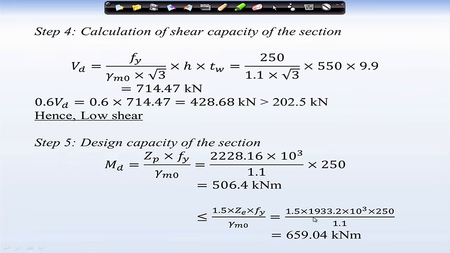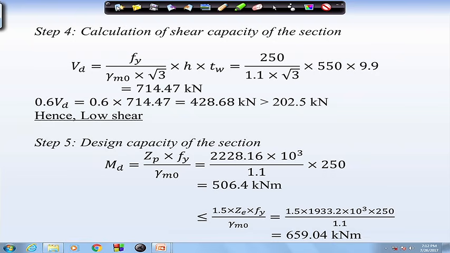Considering these properties, we can now find the shear capacity of the section in step 4, that is Vd is equal to Fy by root 3 gamma m0 into shear area, which is H into Tw. This value is coming 714 kilonewton, and 0.6 times of that is greater than the developed shear, therefore it is low shear.